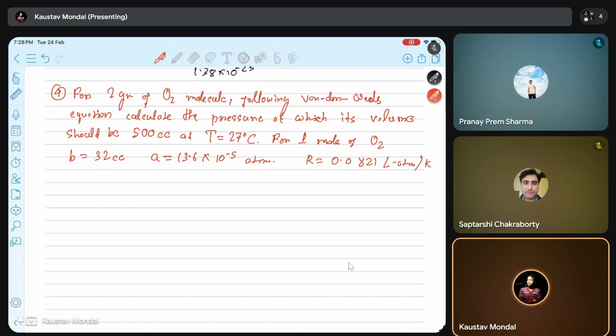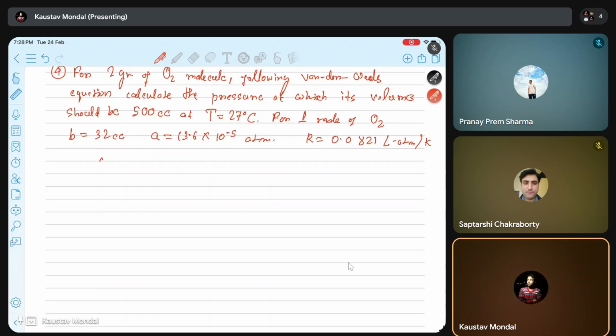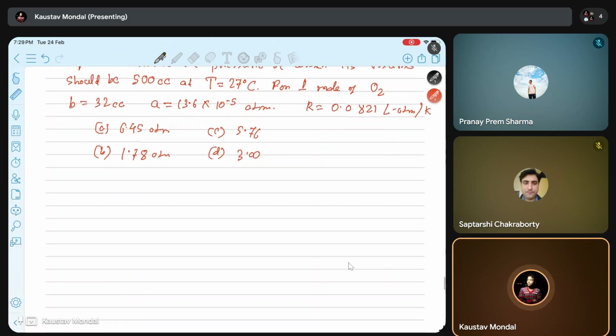And the options are, option A is 6.45 atm, option B is 1.78 atm, option C is 5.76, and option D is 3.00. So these are all in atm.